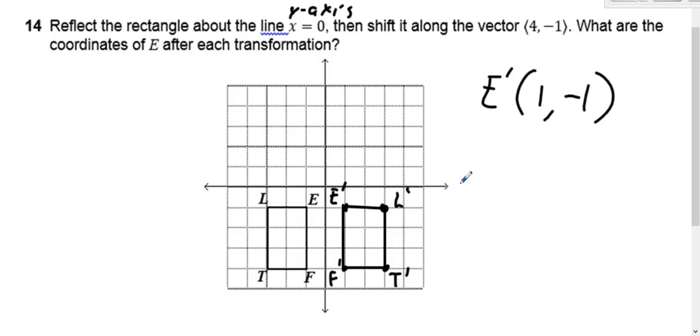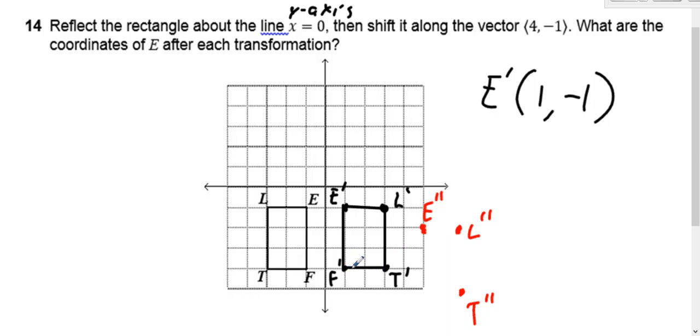Now, to the right 4, 1, 2, 3, 4. We go a little bit off, but that's okay. Down 1, that's L double prime. T, we go right 4. Down 1, that's T double prime. E, right 4. Down 1, that's E double prime.